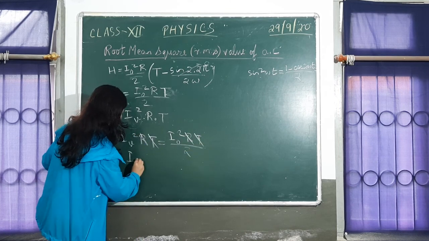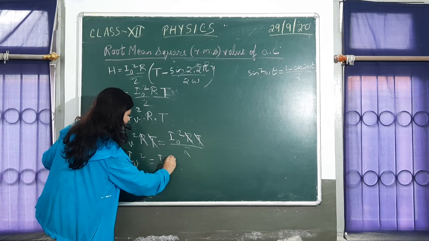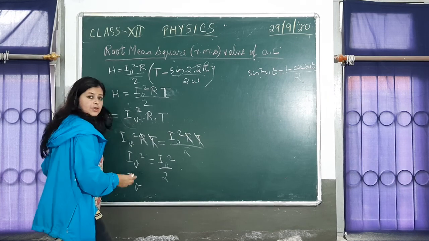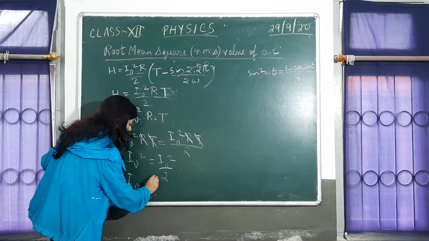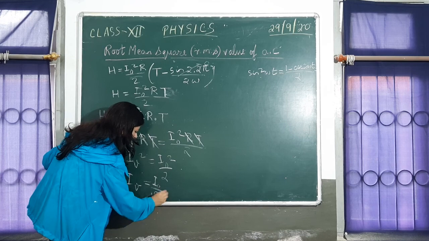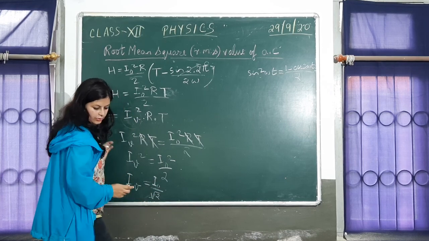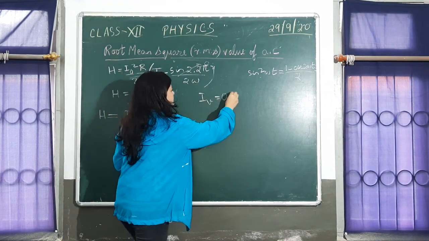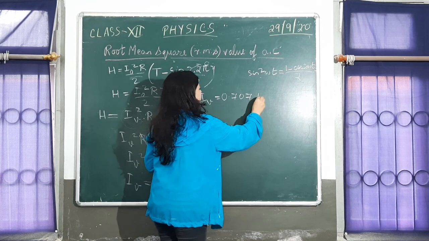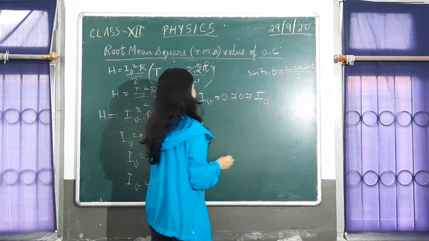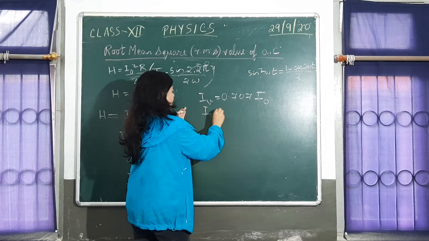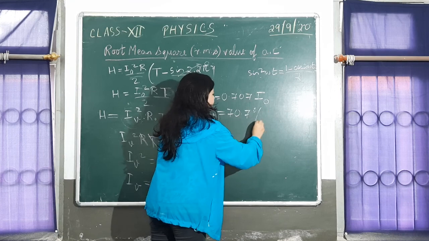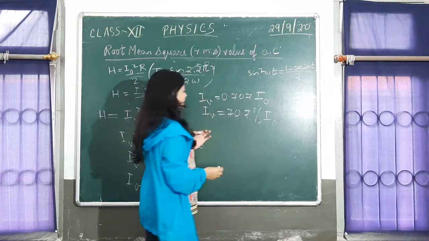So IV square will be equal to I naught square by 2, or the RMS value or the virtual value of current is equal to I naught divided by root 2, and as we know 1 by root 2 is equal to 0.707. So IV comes down to be 0.707 I naught. That means virtual value of current or RMS value of alternating current is 70.7% of the peak value of alternating current.